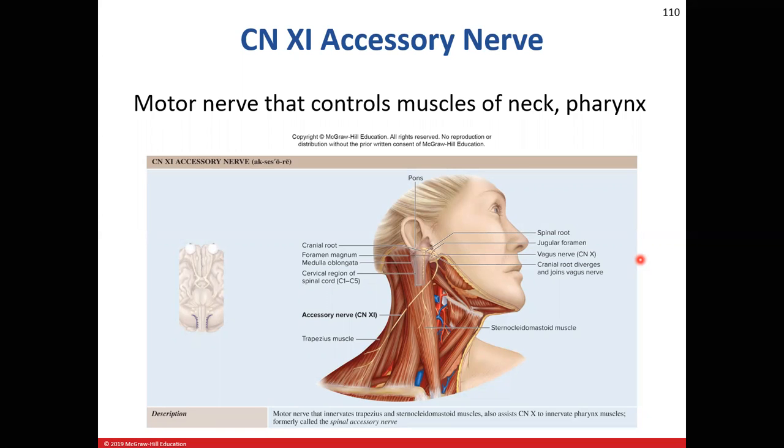It's going to innervate muscles of the neck and the pharynx, particularly the sternocleidomastoid and the trapezius muscle. It is simply a motor nerve, so it only has motor control. With the spinal accessory nerve, it's going to control two muscles, the sternocleidomastoid and the trapezius. And I went ahead and circled them down here for you.